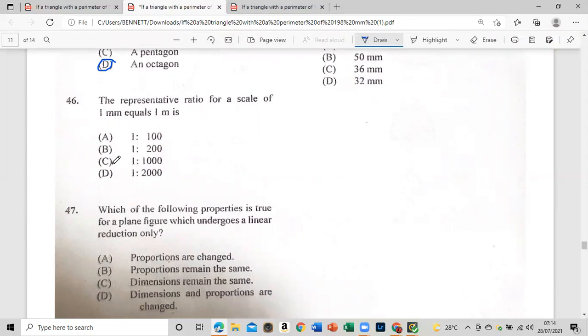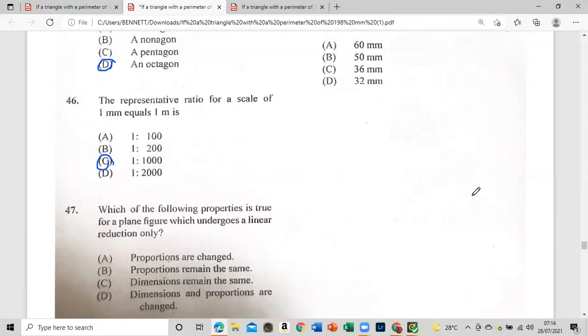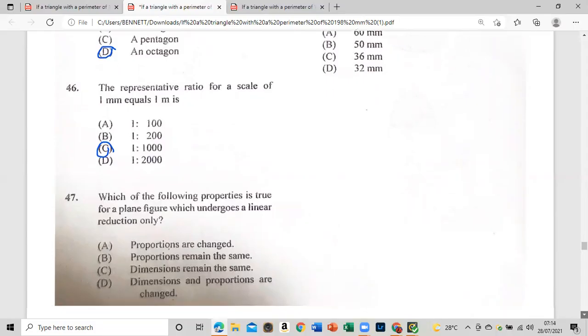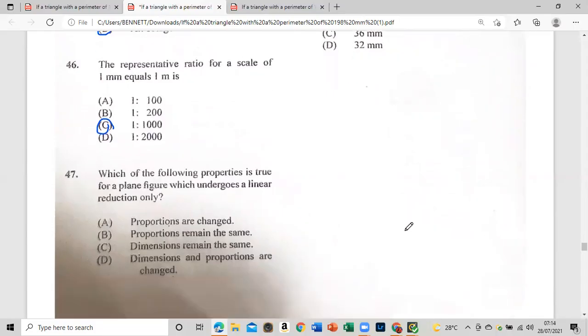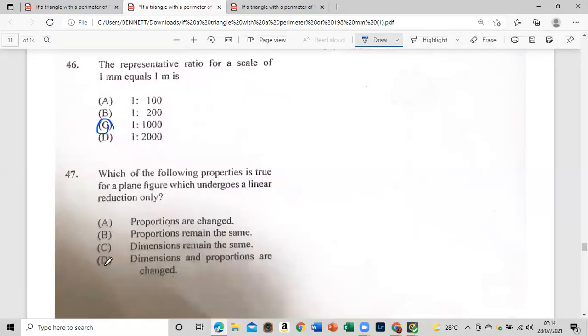We know the shapes already, right? 1000 millimeters, 1 meter. Which of the following properties is true for a plane figure which undergoes a linear reduction only? And that is the dimensions and proportions are changed.